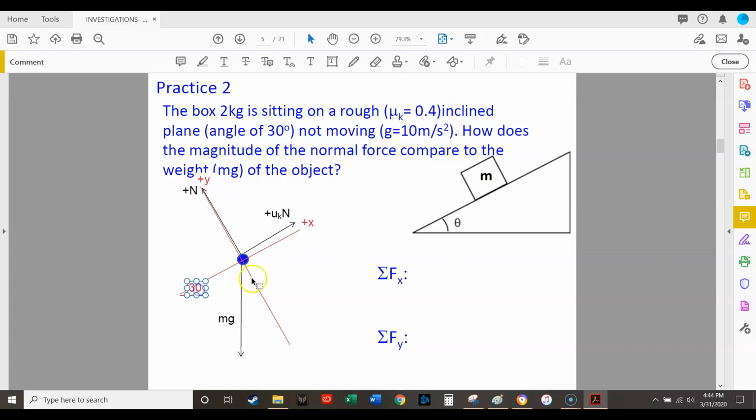It's going to be right there. And again, the angle of 30 degrees to the actual inclined plane makes an angle of 30 degrees between mg and the y direction of the coordinate system.